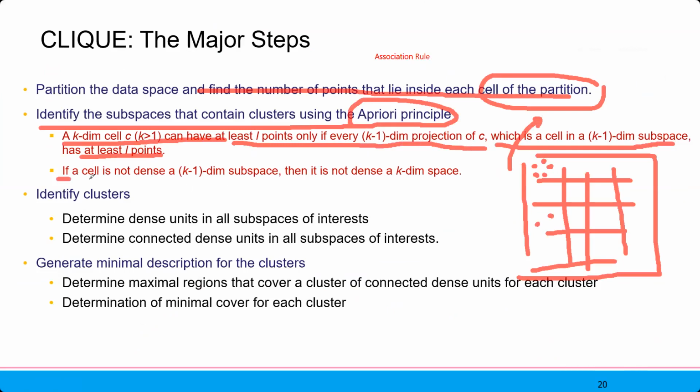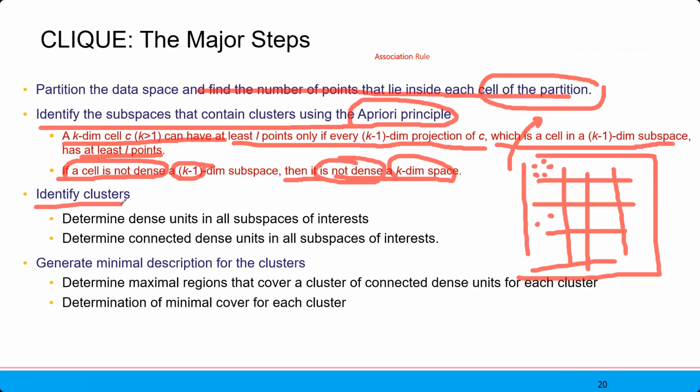So if a cell is not dense at k minus 1, it means the previous cell or the previous dimension. If it is not dense, then the next dimension will not be dense. Okay.